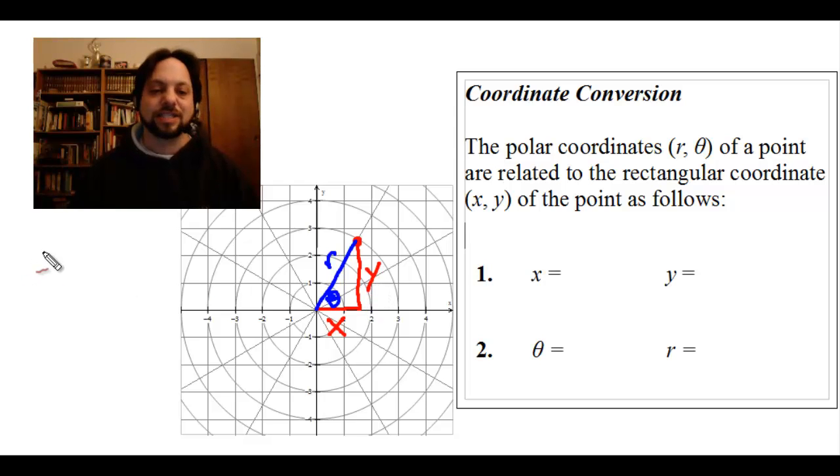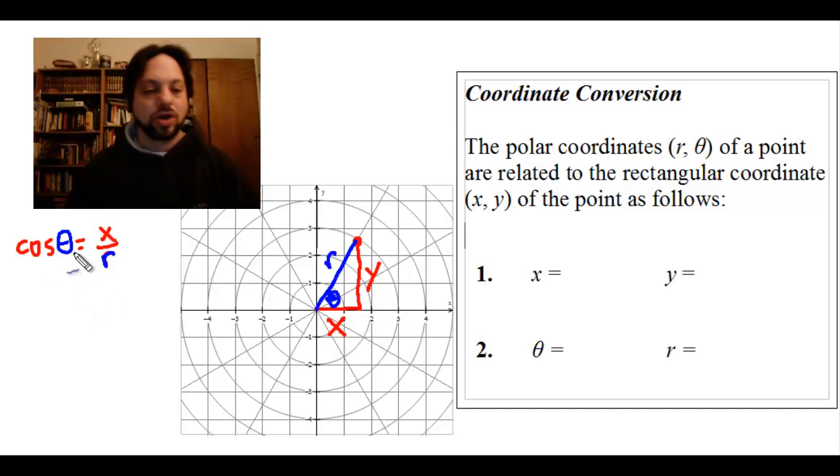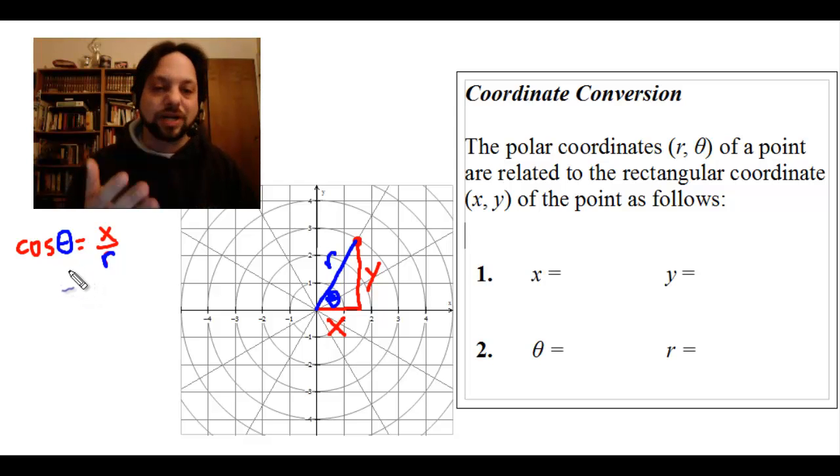Hopefully you can look at this and see for yourself that really we're just talking about a cosine. In fact, what I could say here is that the cosine of theta is just equal to x over r. And actually, let me make that a blue r to match our picture. So cosine of theta equals x over r. Now, in this formula, if I wanted to solve for x, how in the world can I do that?